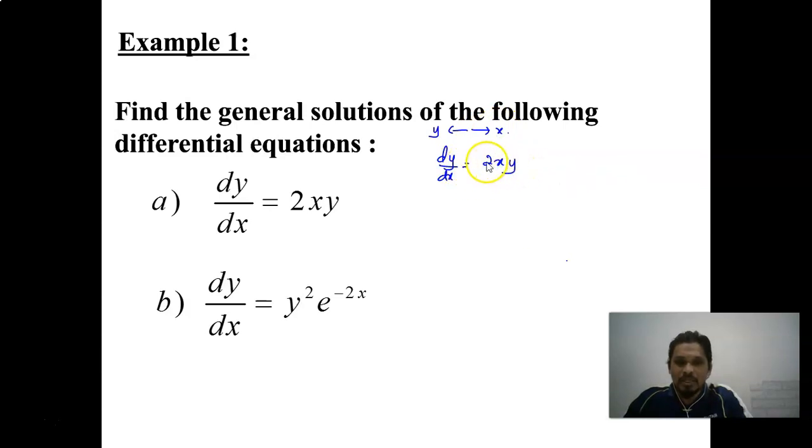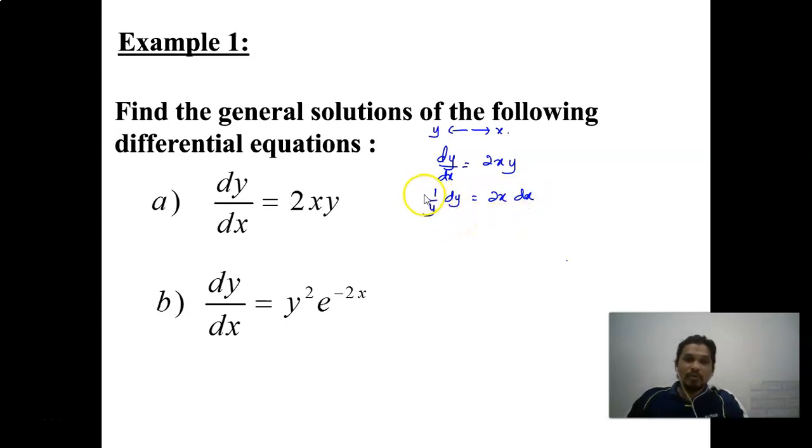So just imagine that if we have 2 times x times y, we like to bring y to the other side, which means we multiply by 1 over y, and dx goes to the other side. We come up with 1 over y dy equal to 2x dx.